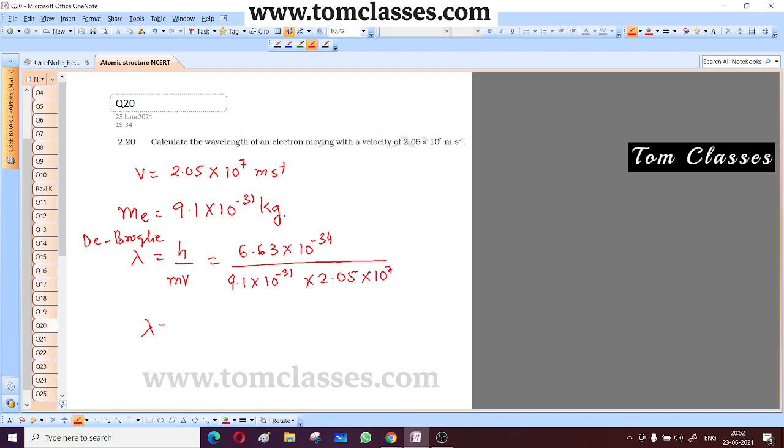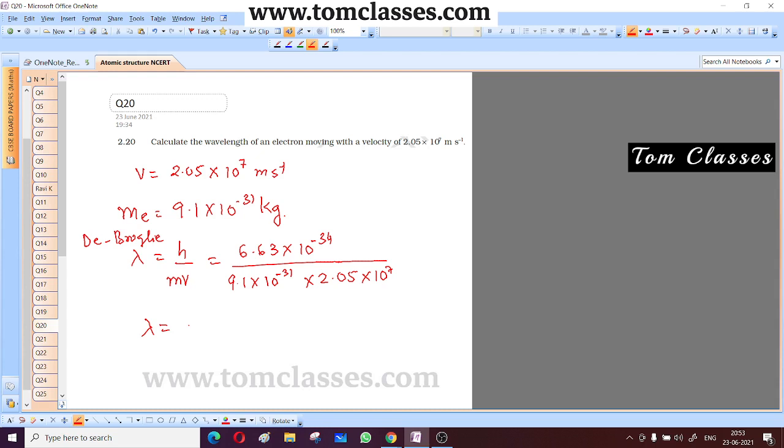So the de Broglie wavelength is going to be how much? What has to be this answer? It has to be around 3.5. Let's try to calculate it.